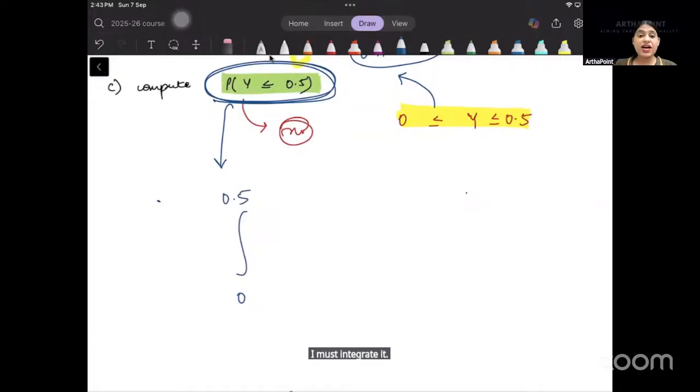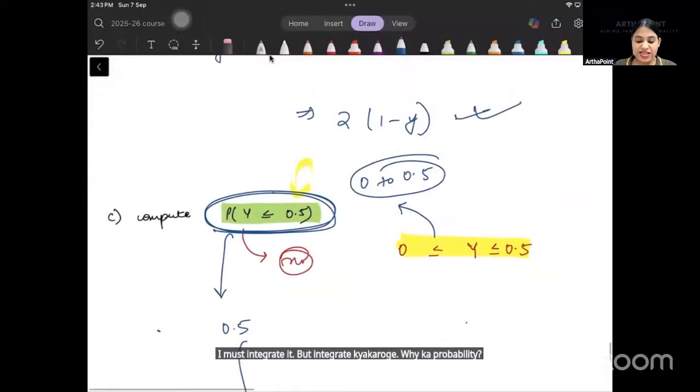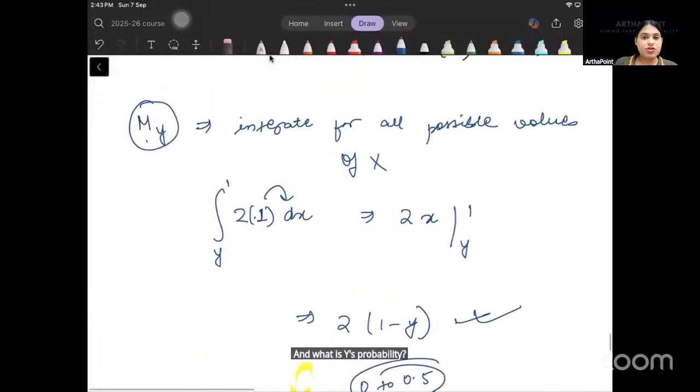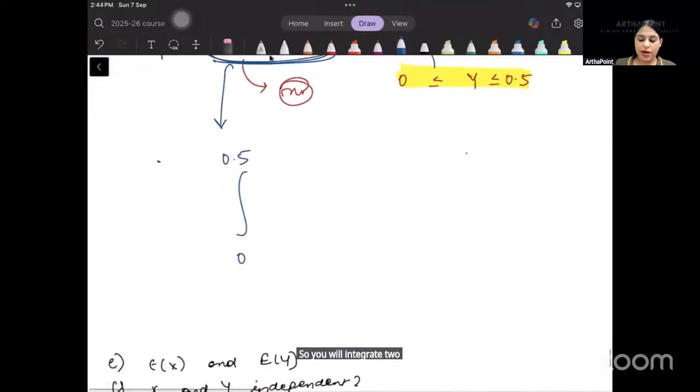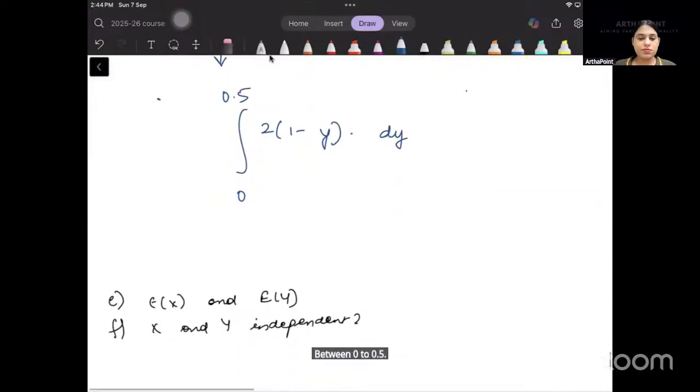But integrate क्या करोगे? Y का probability. And what is y's probability? The marginal function of y. So you will integrate 2(1 minus y) between 0 to 0.5. Right? Just do this beta.